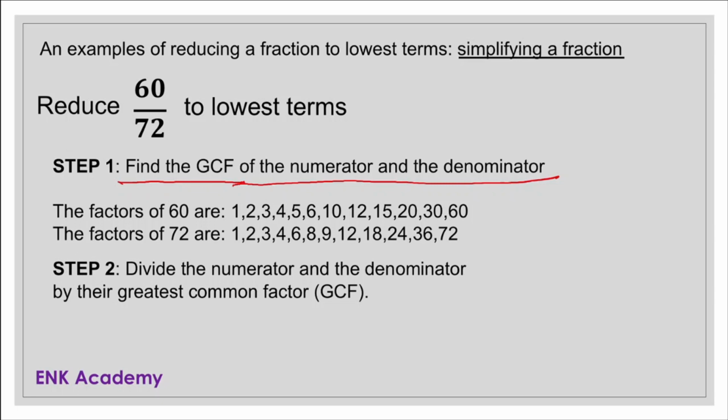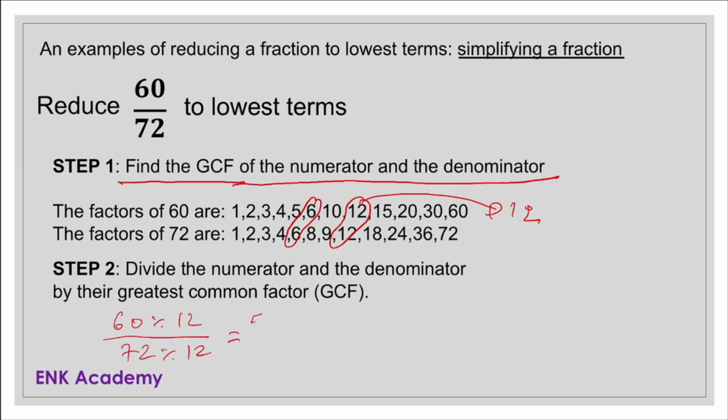Looking at the common factors, that will be 1, 2, 3, 4, 6, and 12, and that's it. That means the greatest common factor is 12. We can then divide 60 by 12, and also divide 72 by 12.